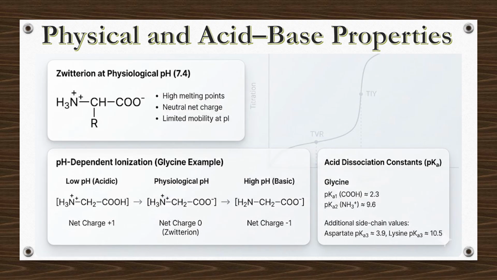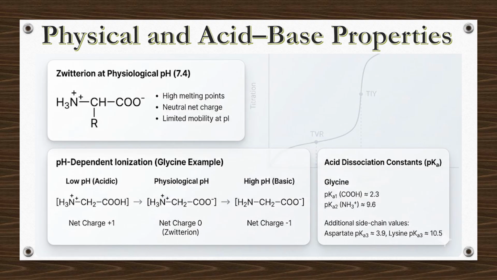The pKa value of each ionizable group tells us the pH at which half of those groups are deprotonated. Carboxyl groups typically have low pKa values around 2, meaning they release protons easily. Amino groups have higher pKa values around 9 to 10, meaning they hold on to protons until the solution is more basic.